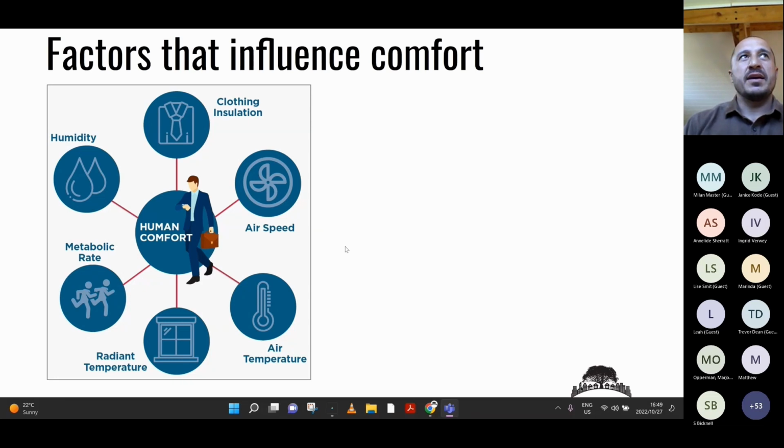So a 70-year-old female and a 20-year-old male have very different thermal comfort requirements. Humidity is a big one, and that's the climate that you're in. And then the three I want to talk about most is airspeed, air temperature, and radiant temperature.